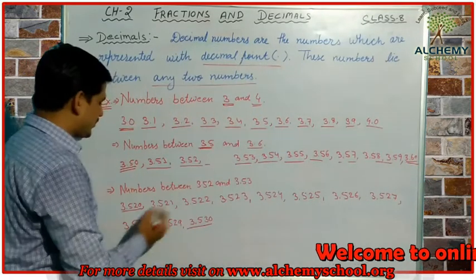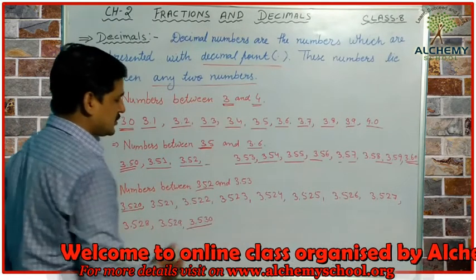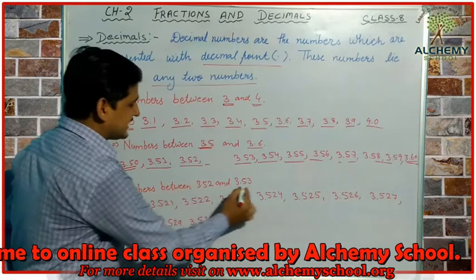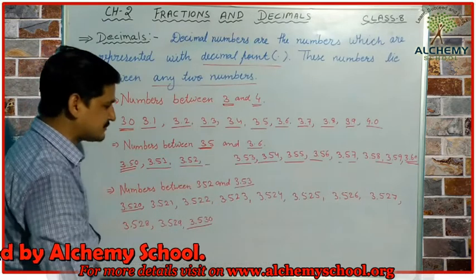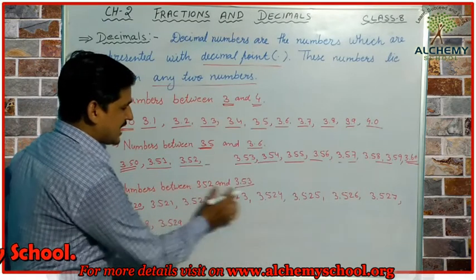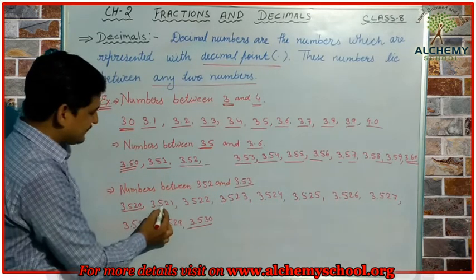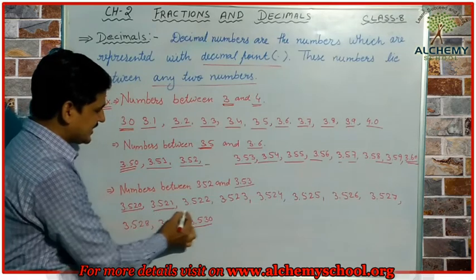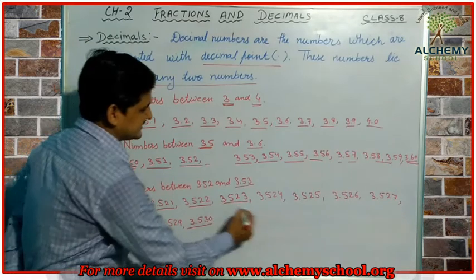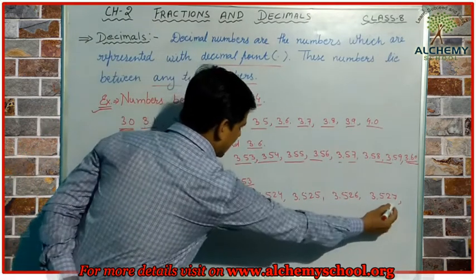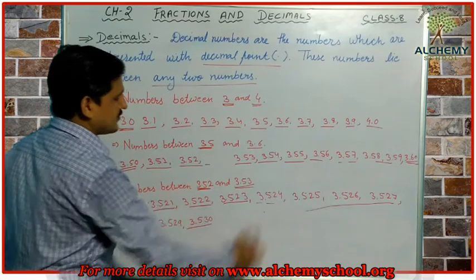Again we can take one more example to understand it clearly. Suppose we have two numbers 3.52 and 3.53. Again there are countless numbers available between 3.52 and 3.53, and these numbers can be written as 3.521, this is the first number, 3.522, 3.523, this is the next number, and like this we have all these numbers available between 3.52 and 3.53.